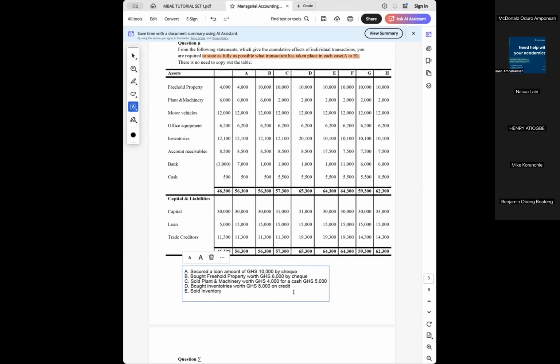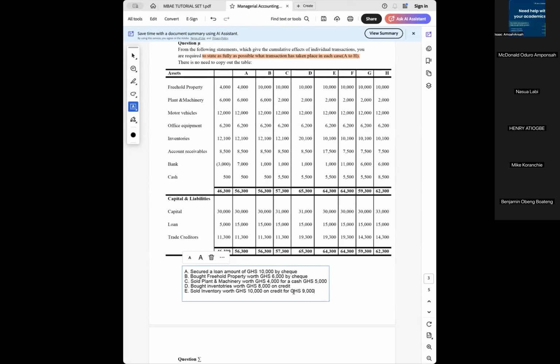That's all. So sold inventory worth 10,000 on credit for 9,000 Ghana cedis. That's all that happened. That's all the transaction that we need to write here.